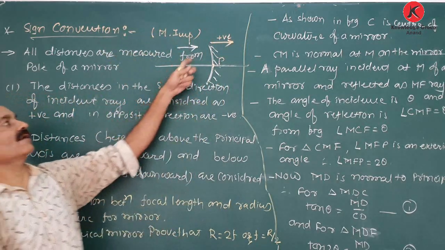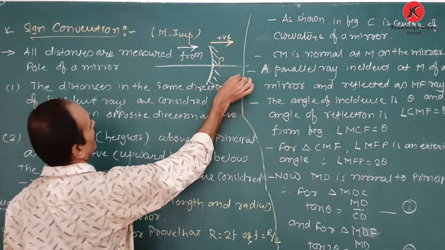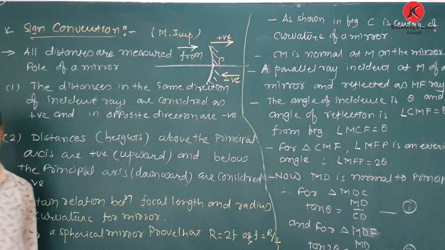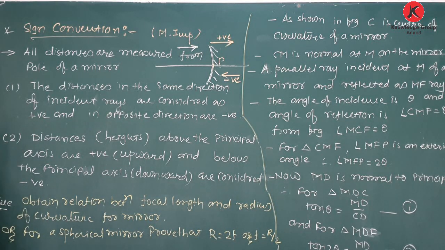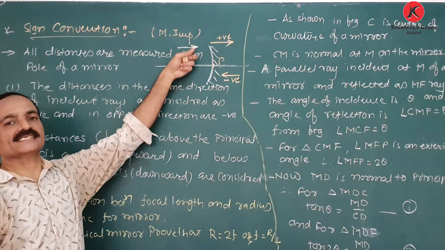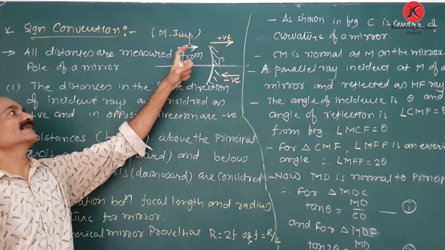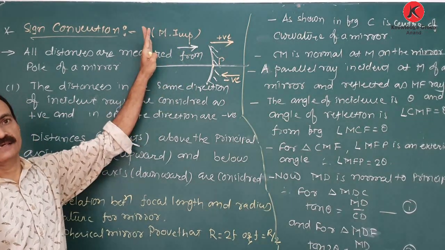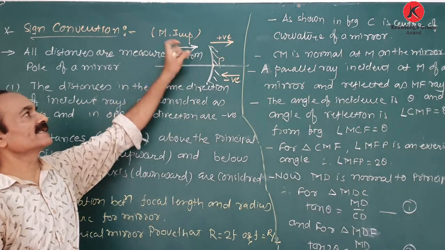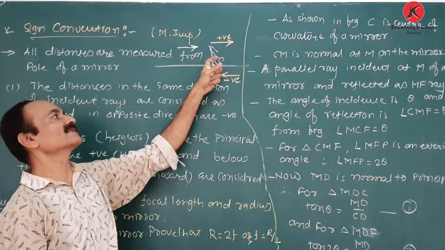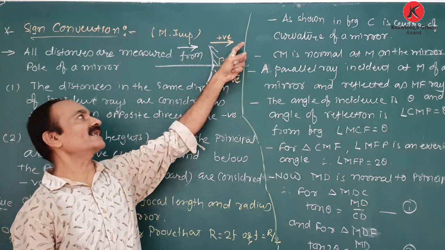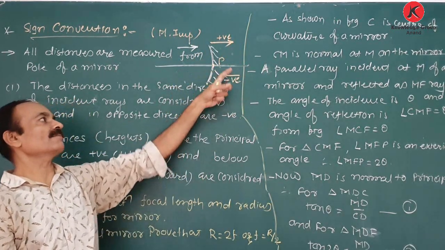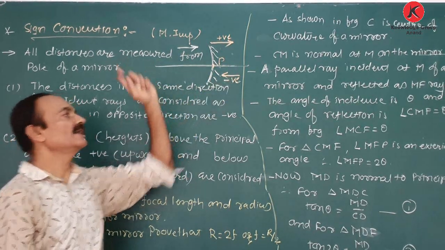And in the opposite direction, all the distances are considered negative. Again, the rays coming from the object placed in front of the mirror give the direction of incident ray. Distances measured from the pole P in the same direction as the incident ray are considered positive, and in the opposite direction of the incident ray are considered negative.